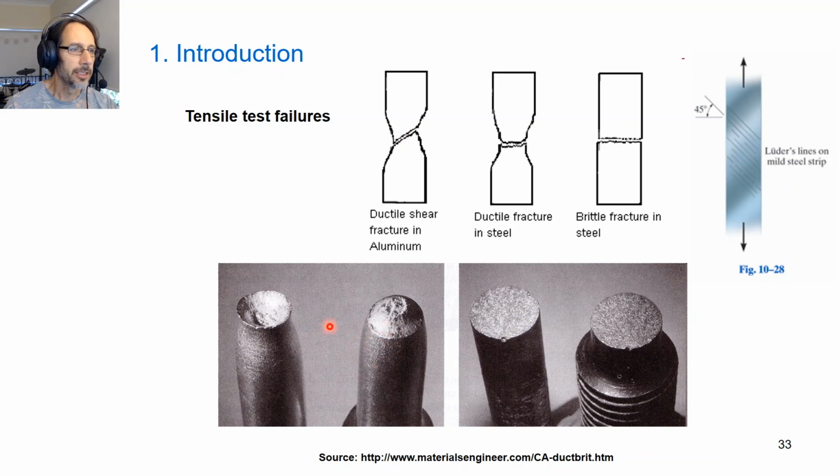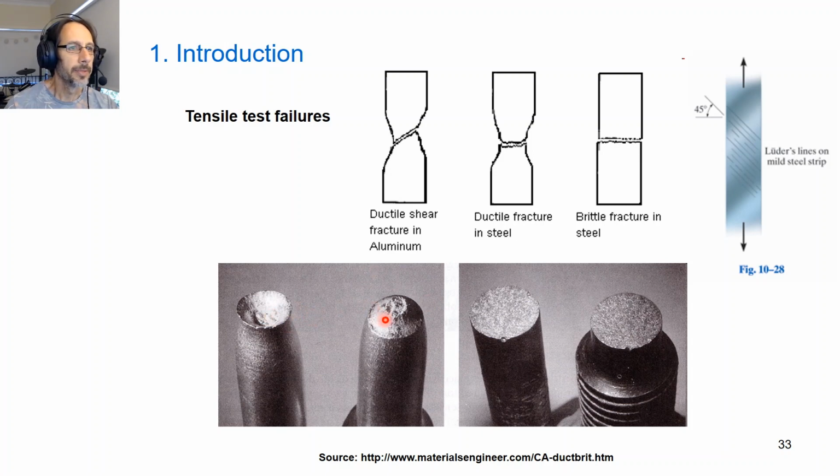Right, so here this is a typical failure of a ductile material in tension. So you can see these surfaces here. This is what we call a cup and cone failure. So these surfaces here are roughly at 45 degrees, and then you have this flat bit here, which is the final fracture surface.